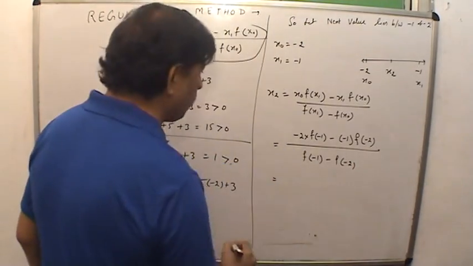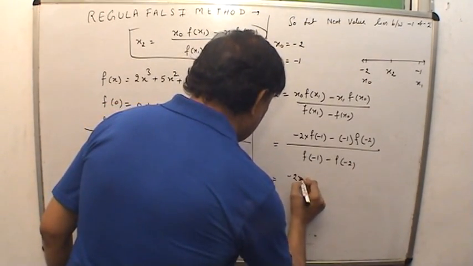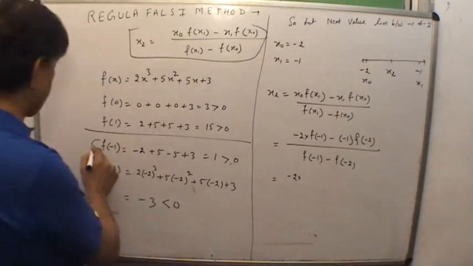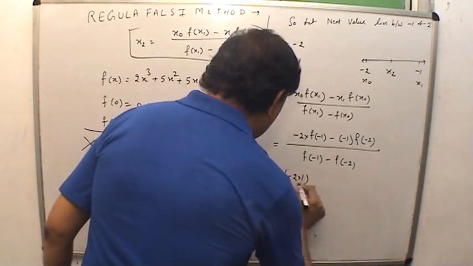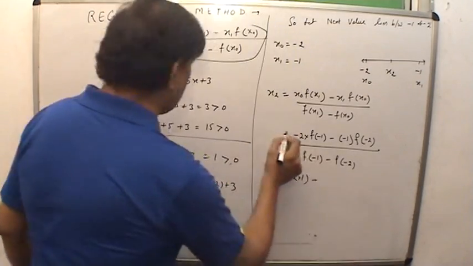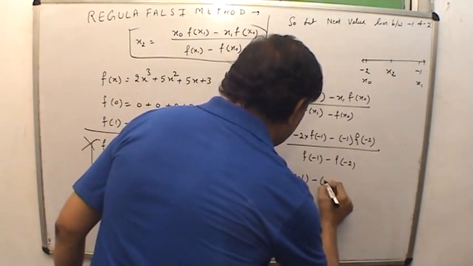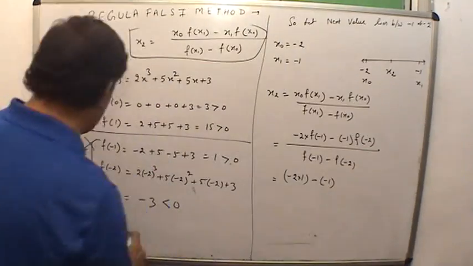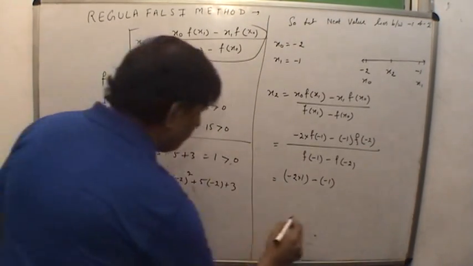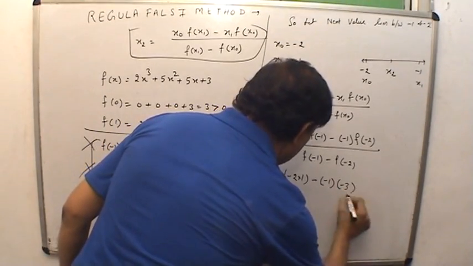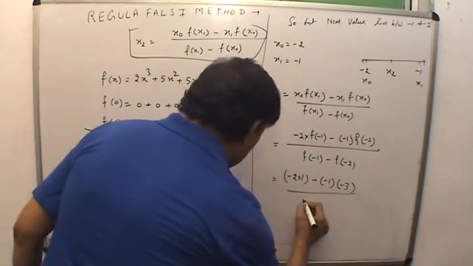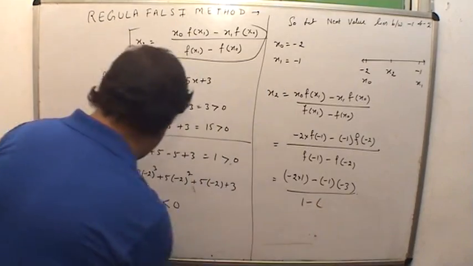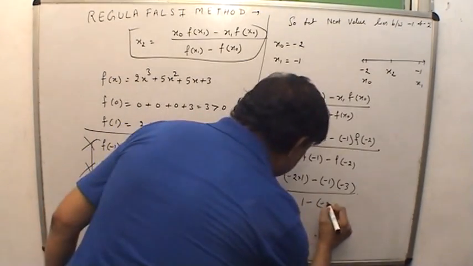Now substituting all the values, -2 into f of -1 we have calculated here, that is equal to 1 minus what is x1? x1 is -1, f of -2 that is -3, divided by f of -1 1 minus f of -2 -3.